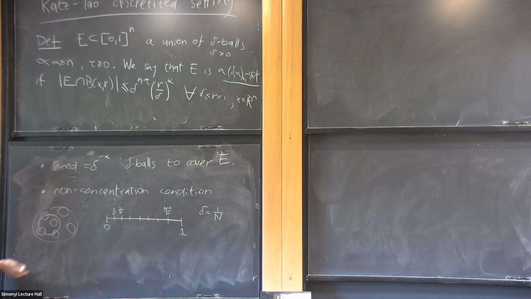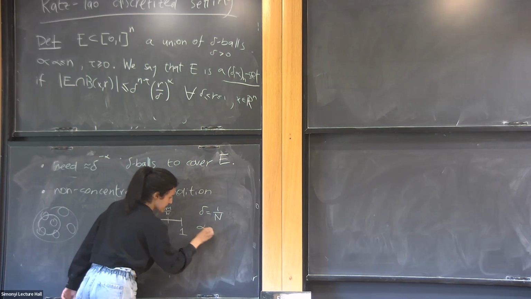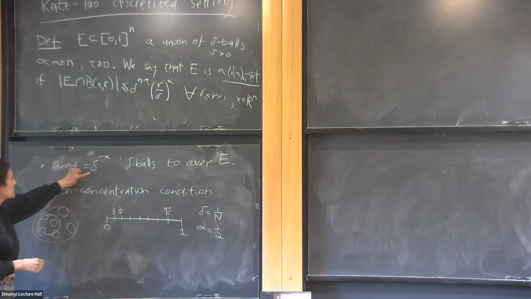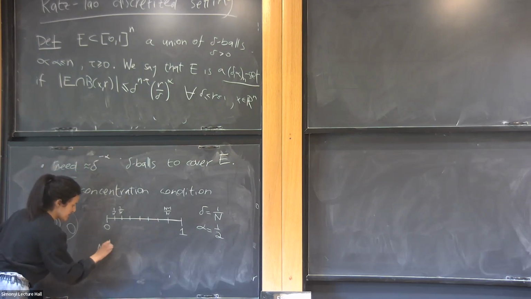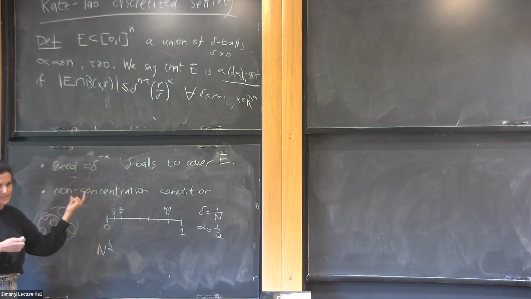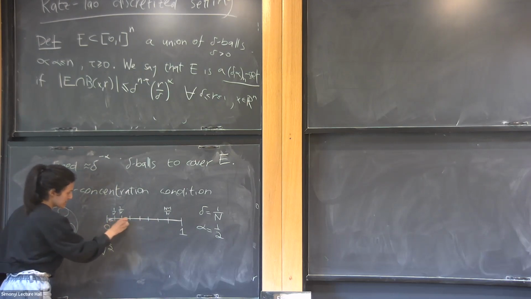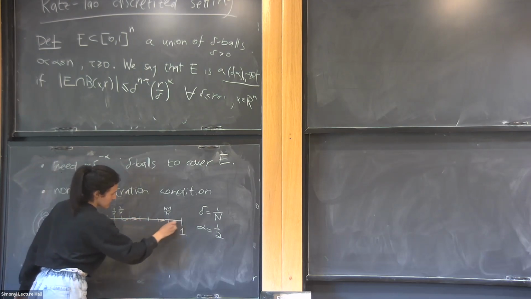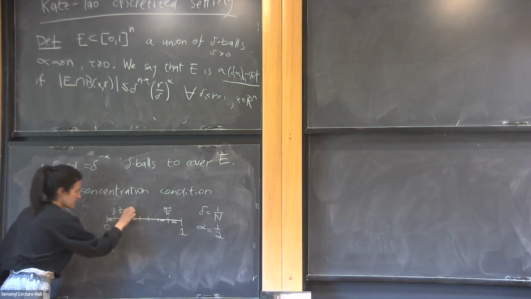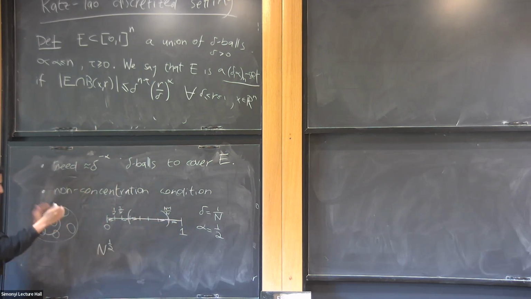If alpha is 1/2, just to be concrete, the first item says that we need at least square root of n delta intervals of length 1 over n in order to cover our set E. So we have some subset of intervals of length 1 over n. And now when we take general R, we restrict ourselves to an interval of length R.